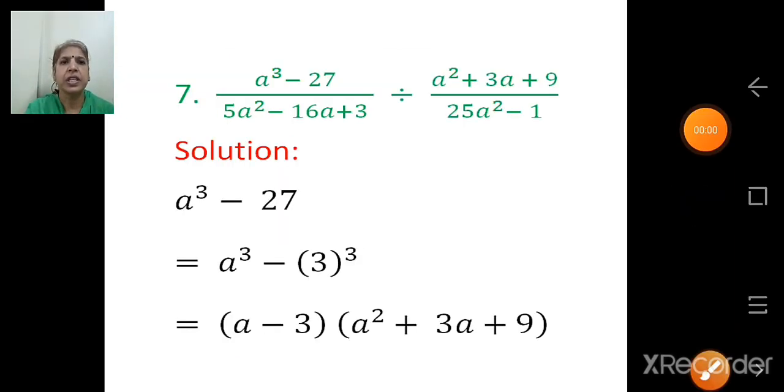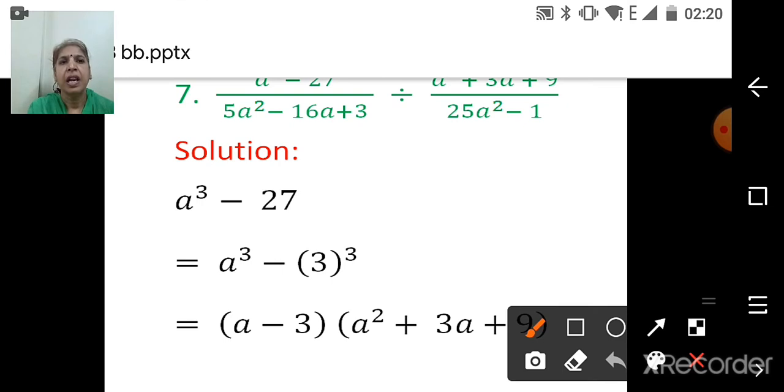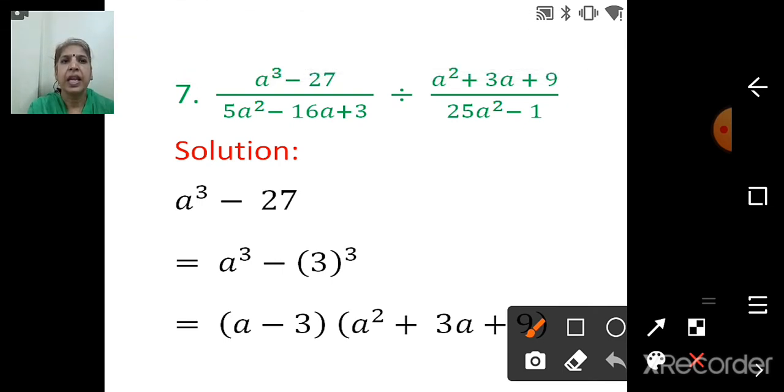Next question is a cube minus 27 upon 5a square minus 16a plus 3 divided by a square plus 3a plus 9 upon 25a square minus 1. Solution. Let's solve. a cube minus 27. So a cube is cube of a, 27 is cube of 3. So it is based on the formula a cube minus b cube.